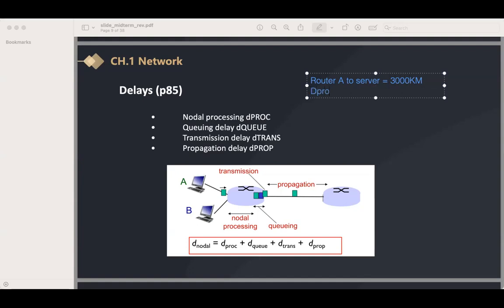And the propagation delay equals how much? And usually in the question, we will mention the speed of light equals 3 times 10 to the power of 8.